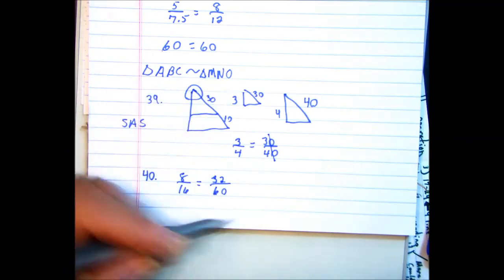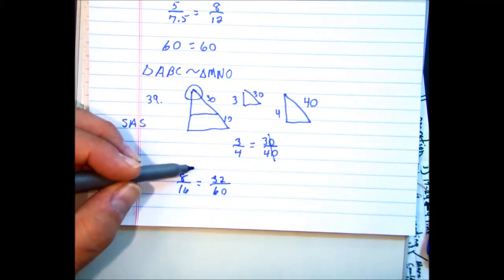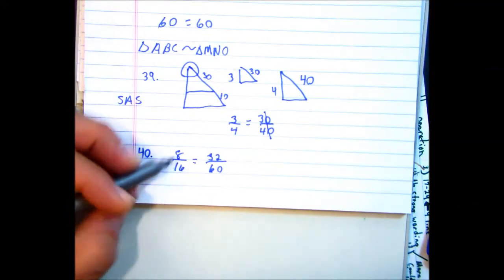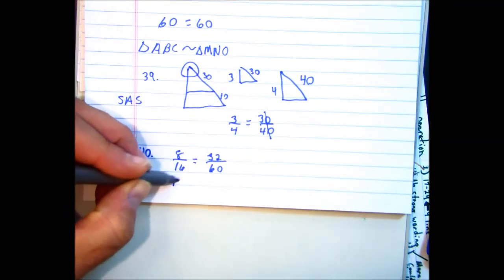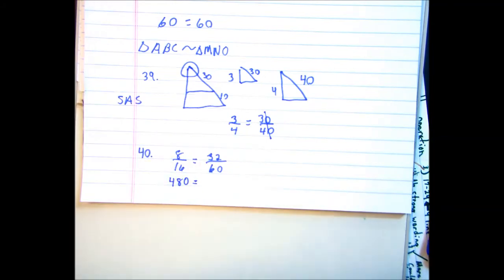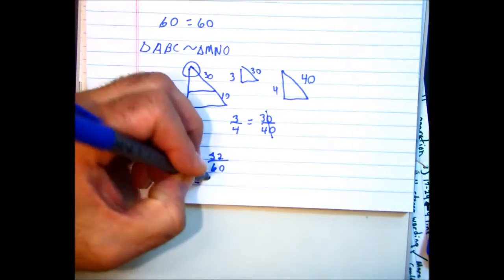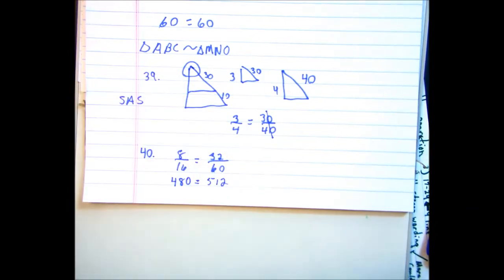You'd cross multiply, and you would see that these are not similar. Why? Because 8 times 60 is 480, and 16 times 32 is 512. So these 2 triangles are not similar. Even though there's an angle measurement that's the same, the sides are not proportional. So they are not similar.